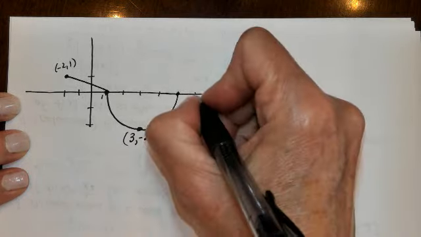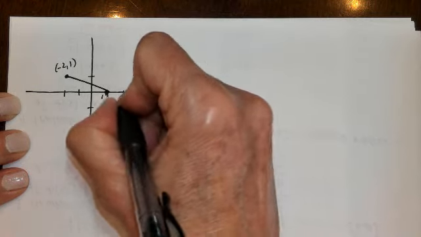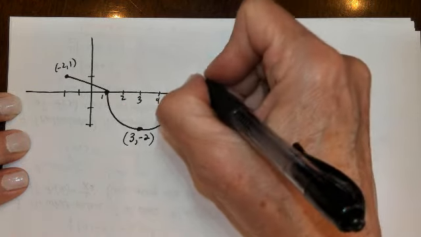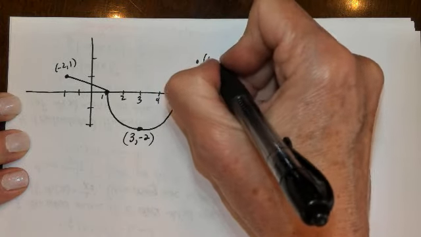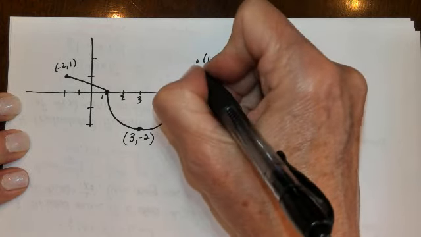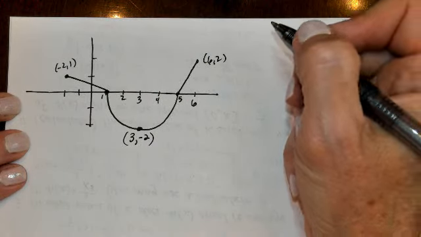And then over here at 6, so that's 5, 4, 3, 2. And at 6, the point will be 6, 2. So here's another line segment, okay? So a little quick sketch.